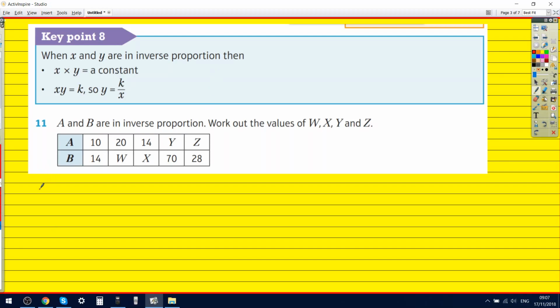In this case, they're just calling it A and B. This is the inverse proportion thing up there.